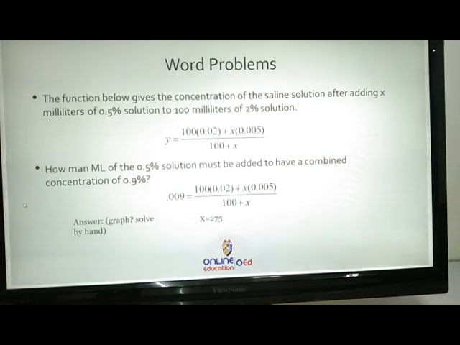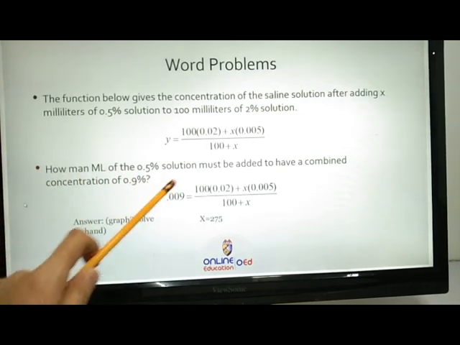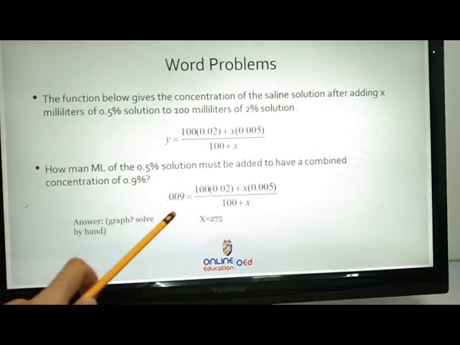So next, how many milliliters of 0.5% solution must be added to have a combined concentration of 0.9%? So ito naman, concentration yung given, so dito siya.